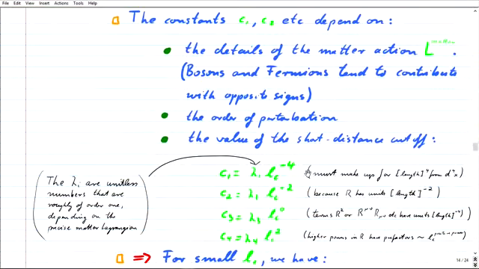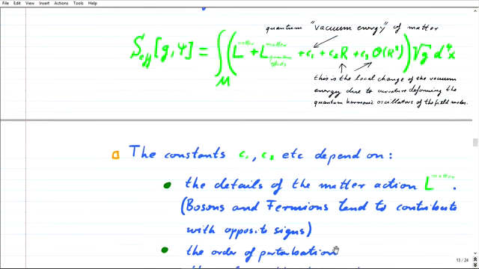Now the constants C1 and C2 will depend, of course, on the actual matter action. It will depend on what kinds of fields, physical fields, are in there. Bosons and fermions tend to contribute with opposite signs, for example, to the constant C1. Bosons tend to make C1 very large. Fermions tend to make C1 very small, contribute negatively.